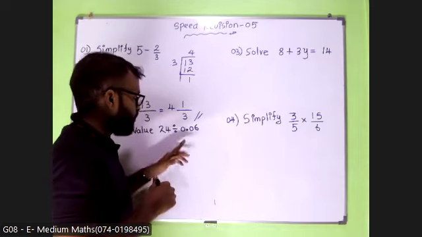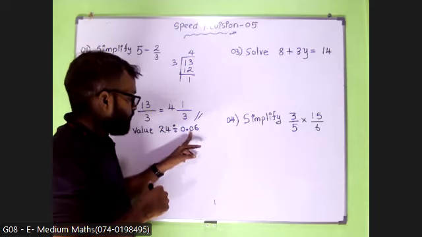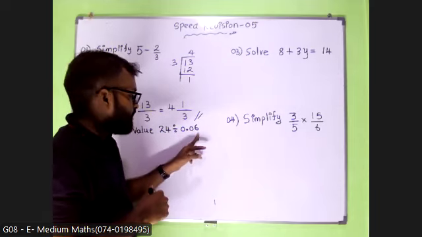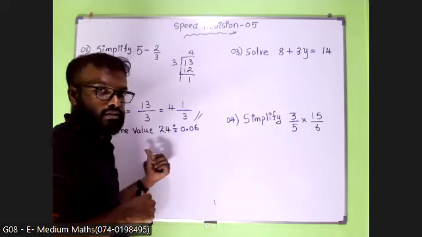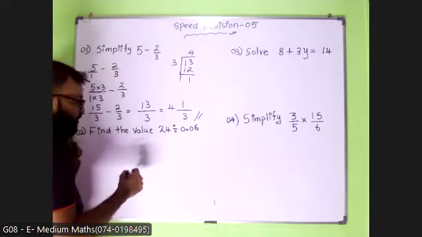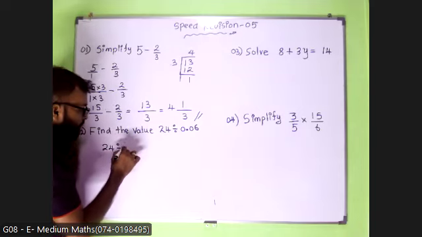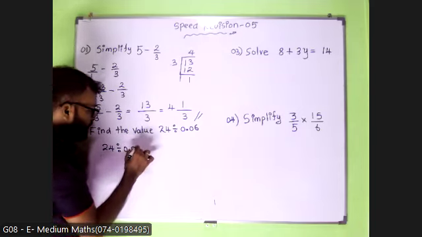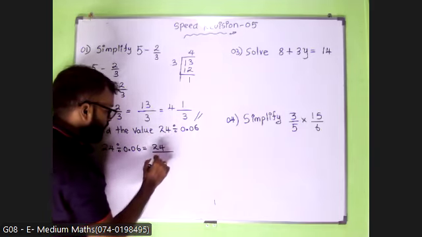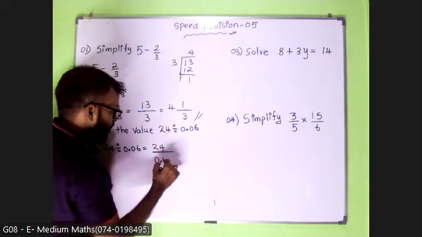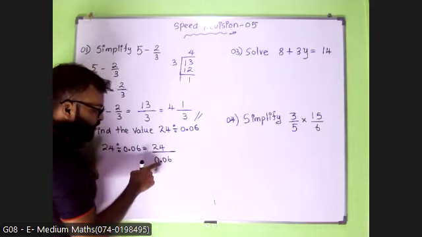You can forget the decimal places, divide 24 by 6 and place the decimal. Or else you can write 24 divided by 0.06.